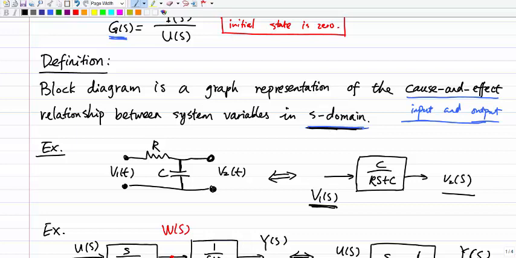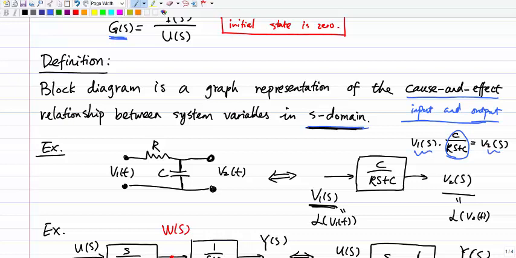V1 s is the Laplace transform of V1 t, and this one is the Laplace transform of V2 t. The relation between V1 s and V2 s can be described by C divided by R s plus C, which means V1 s times C over R s plus C is equal to V2 s. You can see the relationship between this variable and this variable is carried by this, also described in the s domain. So yes, this is a block diagram. It talks about one block basically.